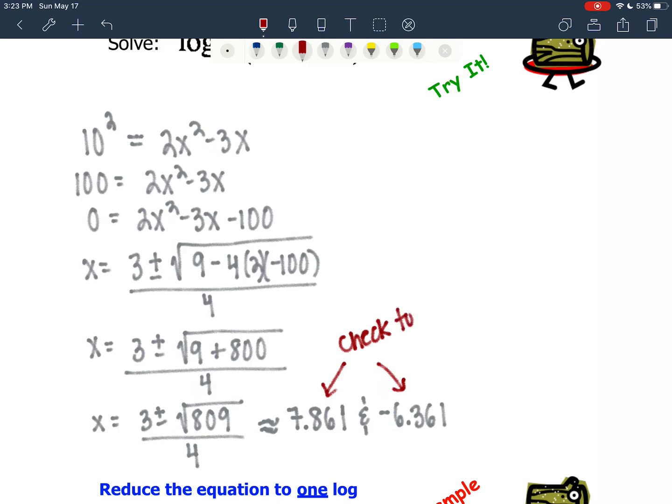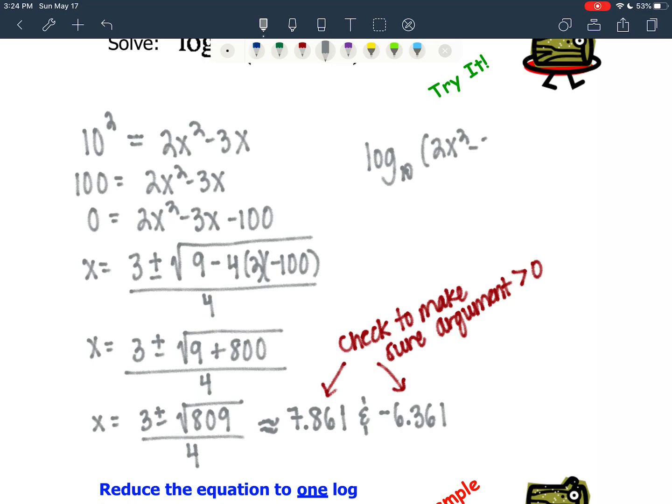Now remember, we have to check both answers, to make sure the argument remains greater than 0. Now, if either one of these answers doesn't work, we're going to call that answer extraneous. If they both work, then they both work. So here we have log base 10 of 2x squared minus 3x equals 2.